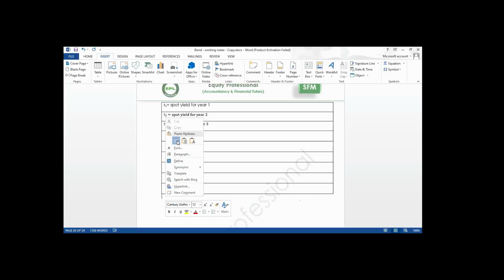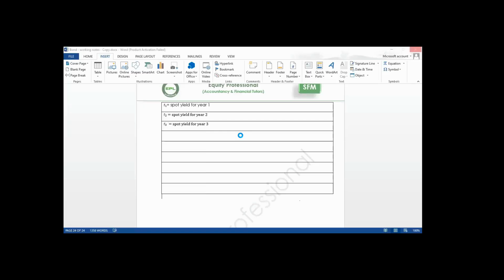This 2-year forward rate will be at the end of year 1. That means at the end of year 1, 2 years will take me to year 3. 2 years after year 1 will take you to year 3. So we are going to have, look at it please.